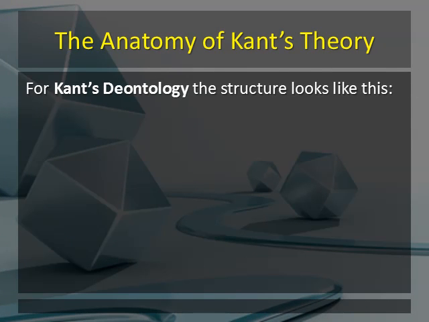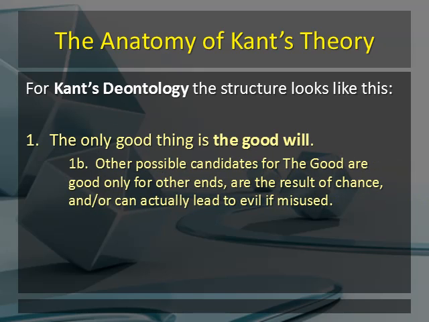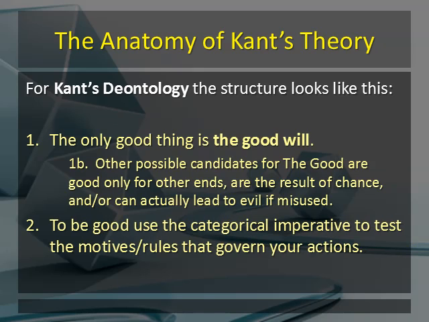So, here is how the anatomy of an ethical theory breaks down for Kant's deontology. The conception of the good, according to deontology: the only morally good thing is the good will. Other possible candidates for the good are good only for other ends, or the result of chance, or actually lead to evil if misused. We will discuss this more in just a couple slides. The second part is the method.